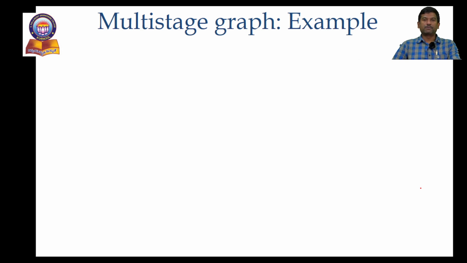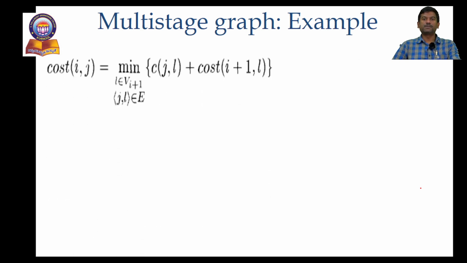How do we solve the multi-stage graph problem using the forward approach? To identify the cost of i comma j, it is min of c of j comma l plus cost of i plus 1 comma l.